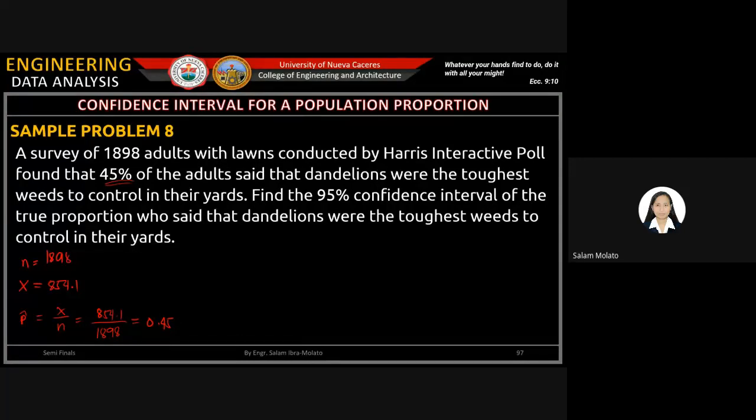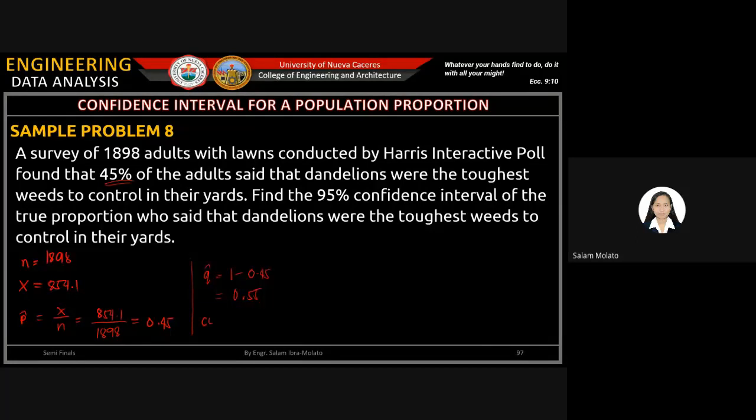Right? So, that's 45%. That is p-hat. Therefore, our q-hat is 1 minus 0.45. Right? So, it will give you 0.55. Oh, that's direct substitution.